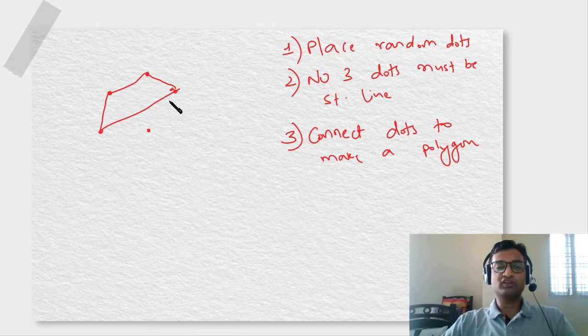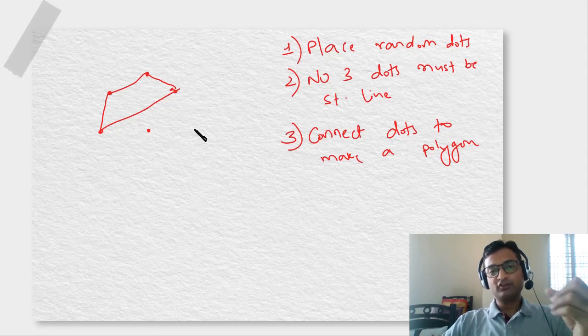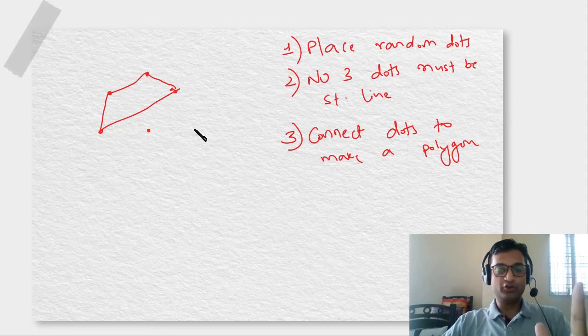Not just this four-sided polygon. According to a theory, we need to ensure that there are 5 dots on a sheet of paper to ensure that we can actually create a four-sided convex polygon.